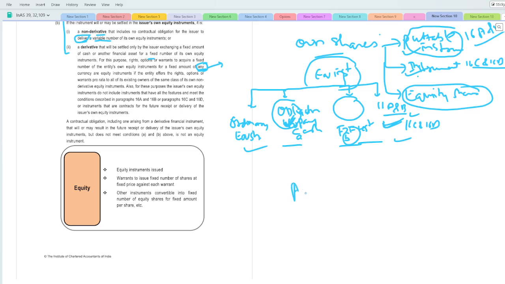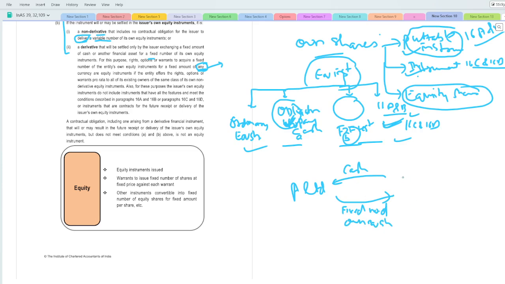Here A Limited is there, and the warrant is there. So the warrant is issued, and in the future you will be receiving the cash from the warrant holder, in cash, and here you will be issuing the fixed number of own equity shares.